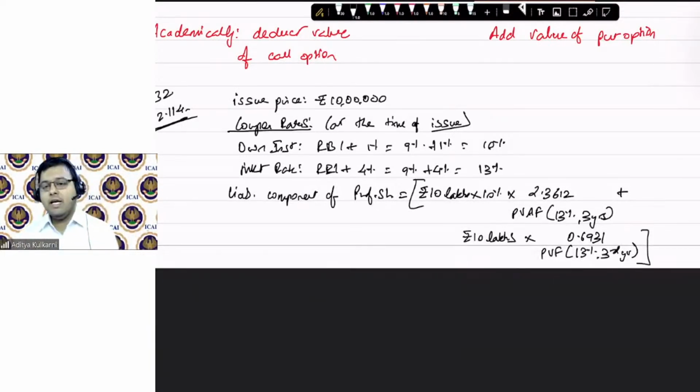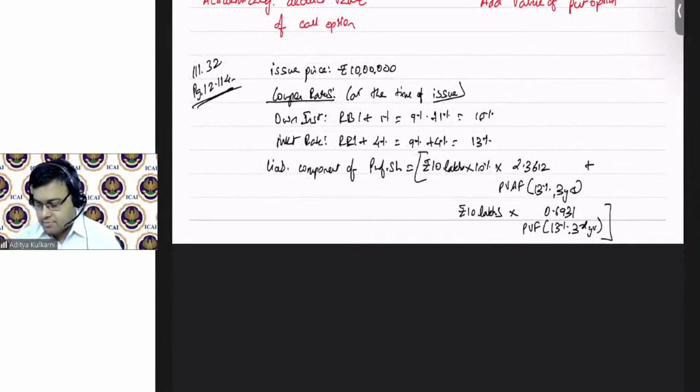Is this only going to be your value of liability or will there be something else? You have to take it for 3 years, no? Kaushiki, you have to take it for 3 years. I think you have taken it for 2 years. Just check.